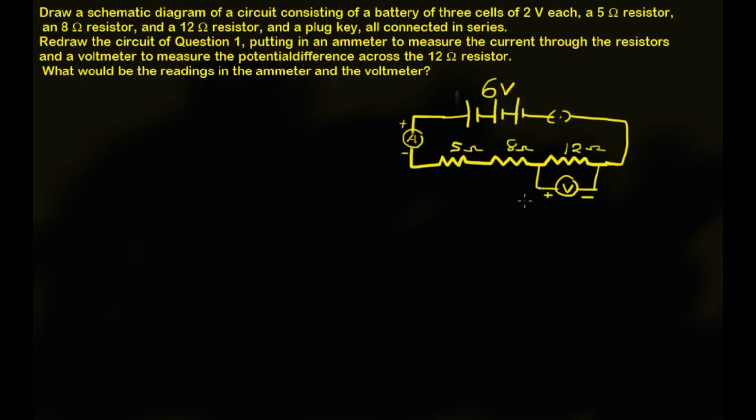Now we can do the calculation here to find the ammeter reading and voltmeter reading. Ammeter reading means it is the current flowing through the circuit. For that we have a total voltage of the battery, V is equal to 6 volt, applied here, and we have 3 resistors.